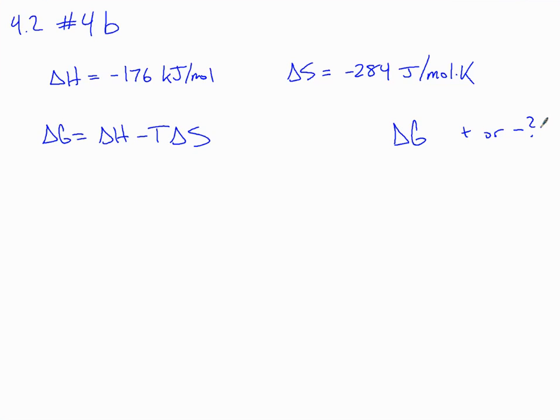Look at the second page, and there's a graph or a table, and just to the left of it, there's a bold print sentence. A reaction is thermodynamically favorable when delta G is less than 0. That means negative, right? So we want delta G to be less than 0, and we want to know at what temperatures.